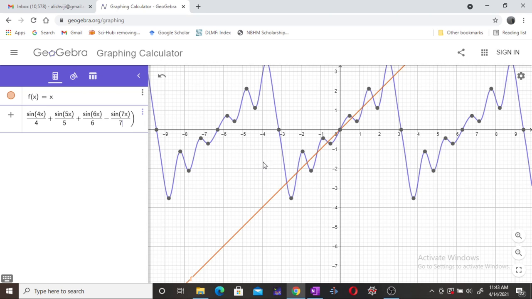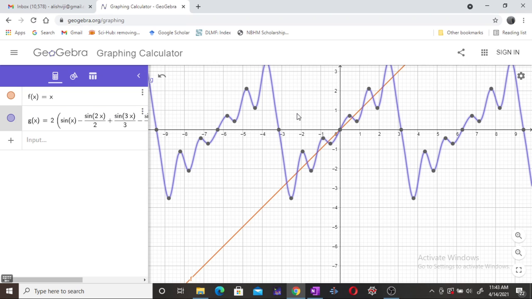Instead, the Fourier series representation is going to converge to the average of the right hand limit and left hand limit at that point, and that value is 0.